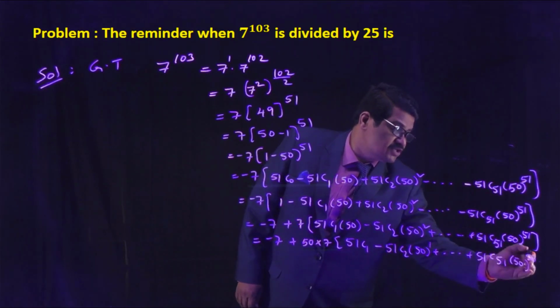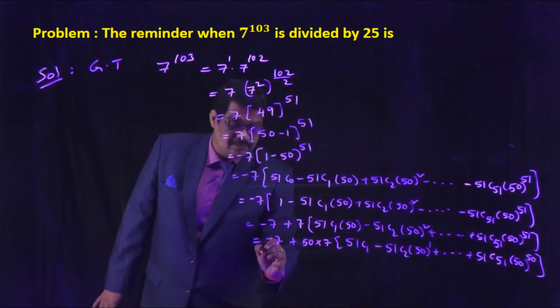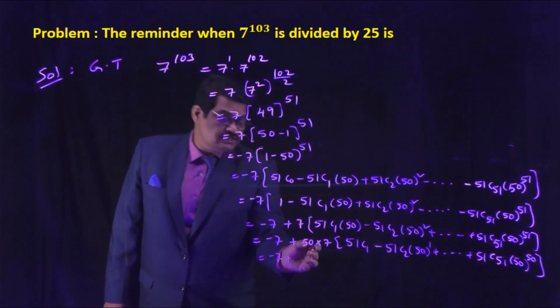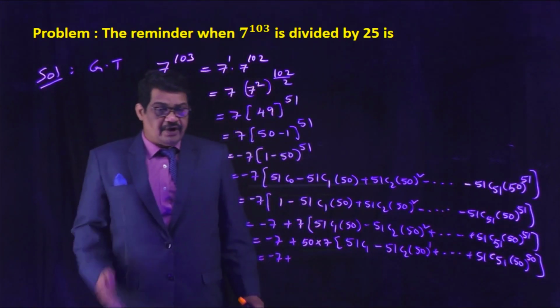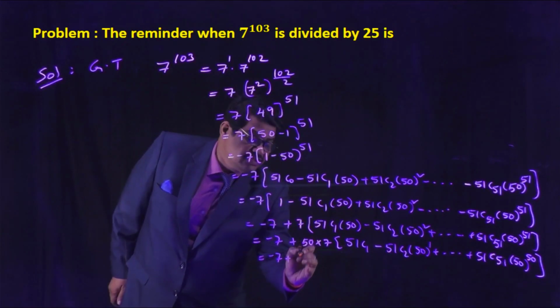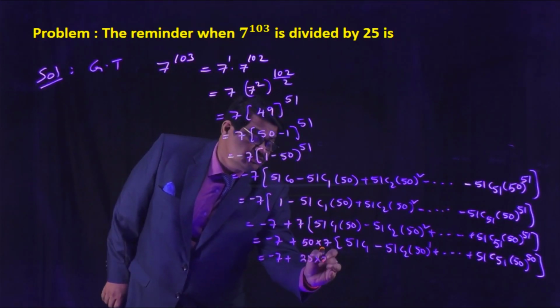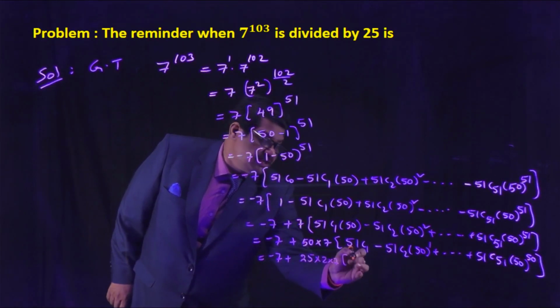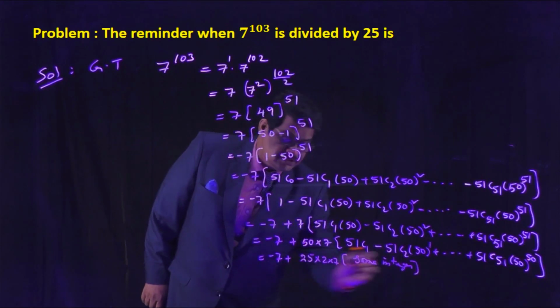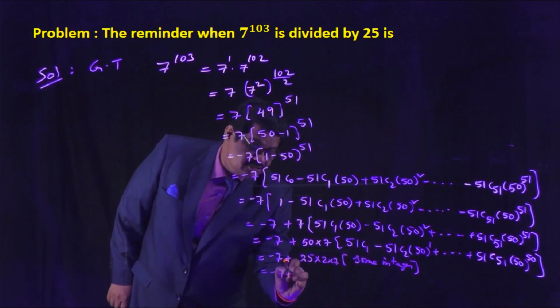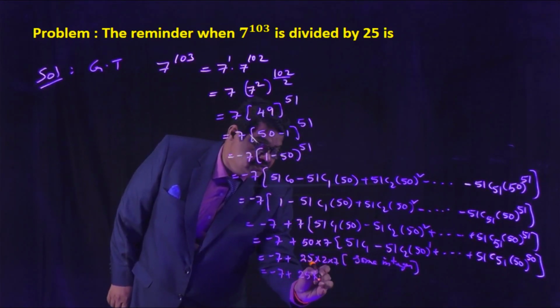Now this can be written as minus 7 plus, here this 50 can be written as 25 into 2. This is some integer. So that can be written as minus 7 plus 25 into some integer.